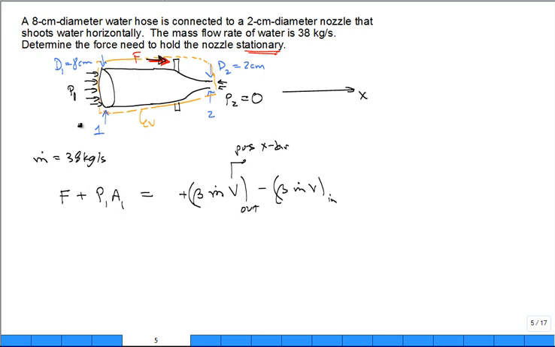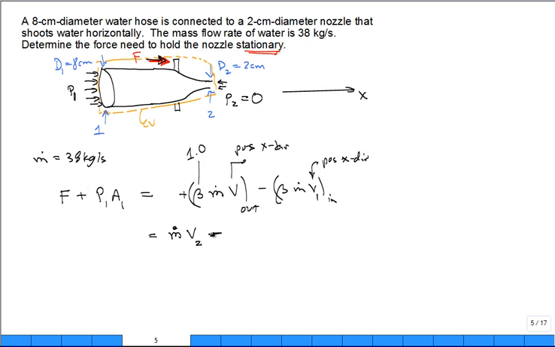V out is in the positive x direction. And the mass flow rate, so what we have is we have the beta will approximate as 1. So it's just mass flow rate V2. Then we have minus this V right here. This is V1 coming in. And that's in the positive x direction.